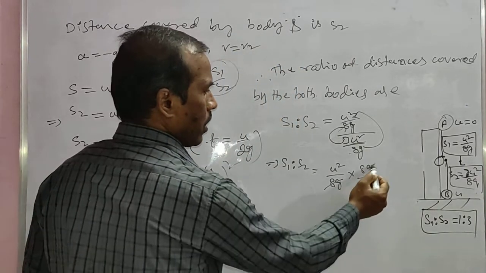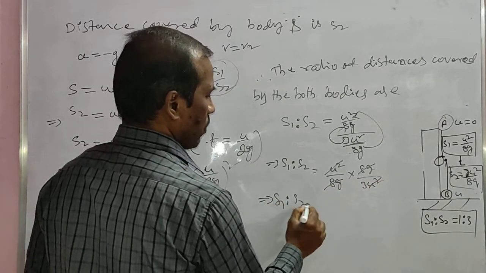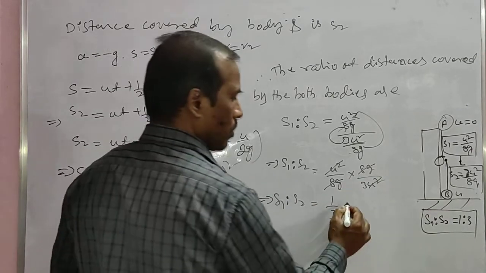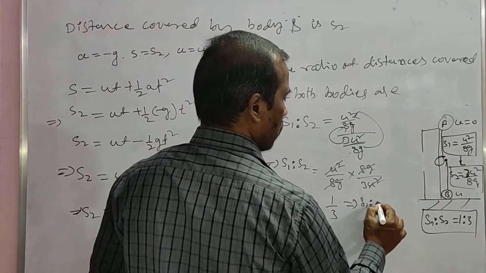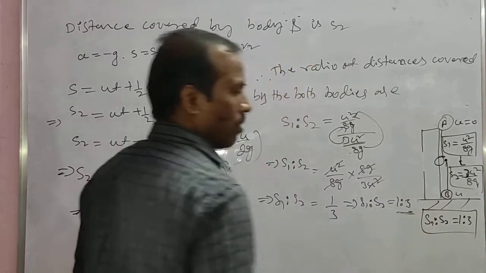Here 8g gets cancelled and u square gets cancelled. Simplifying, S1 by S2 is equal to 1 by 3. So S1 is to S2 is equal to 1 is to 3. This is the answer.